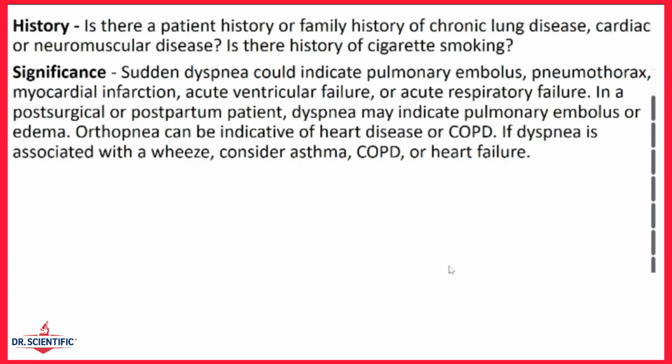Dyspnea can be presented in respiratory disorders, and dyspnea can be presented by cardiovascular related disorders. So the way you go about your history taking will determine whether you will have the accurate diagnosis for your patient.